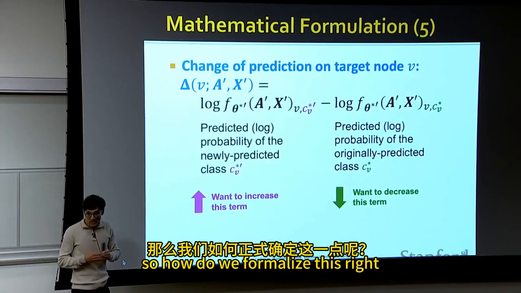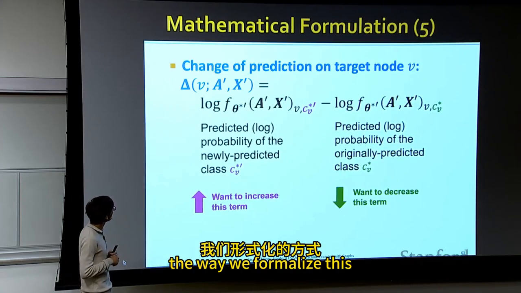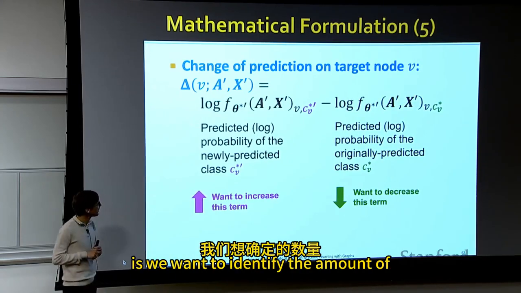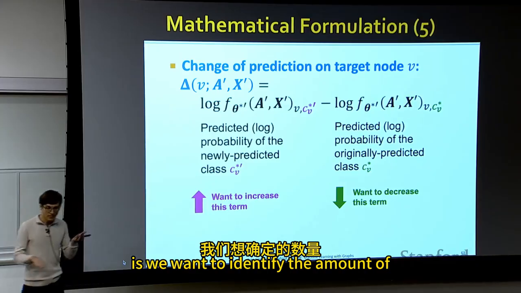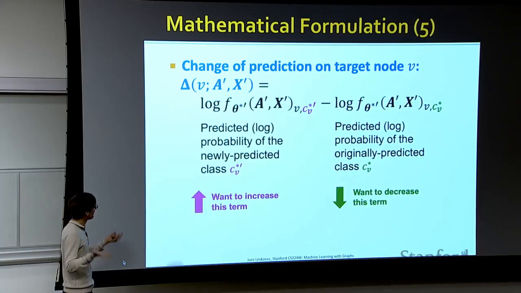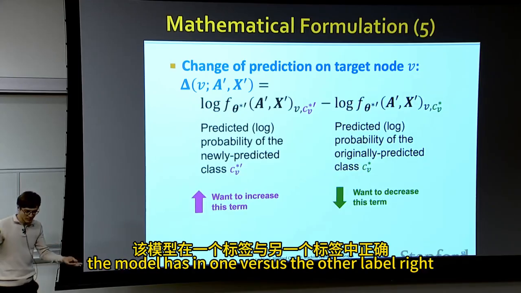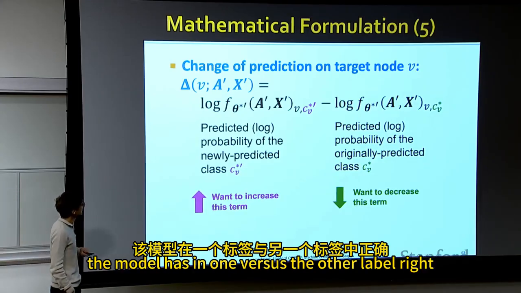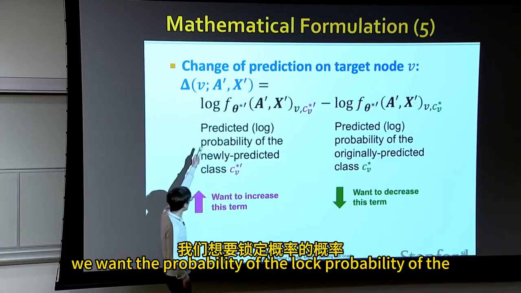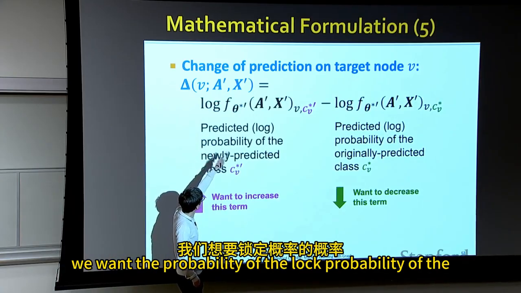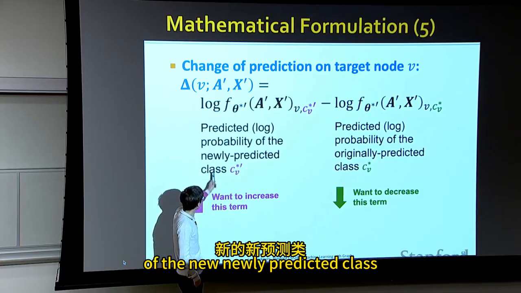So how do we formalize this? The way we formalize this is we want to identify the likelihood or the confidence the model has in one label versus the other. We want the log probability of the newly predicted class.